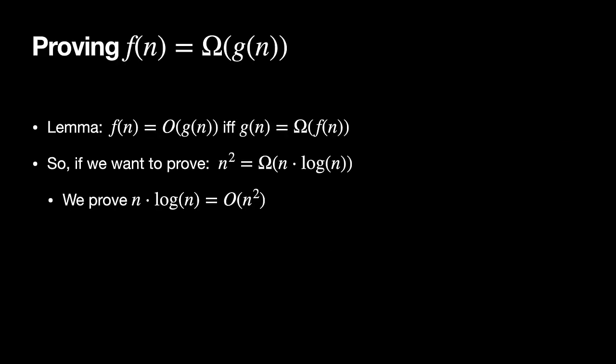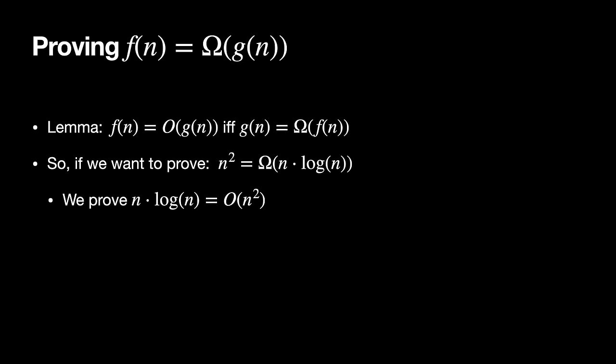Okay, in order to prove that some function is omega of another function, we've got another little lemma here we can use to our advantage. f is in big O of g if and only if g is in omega of f.